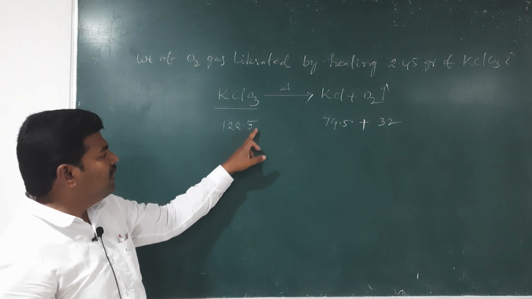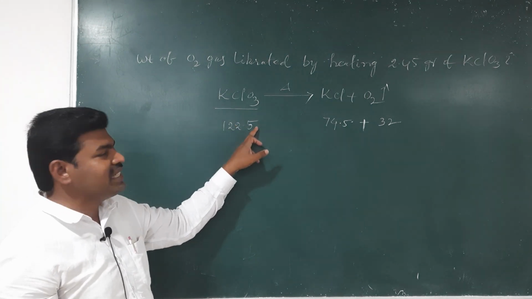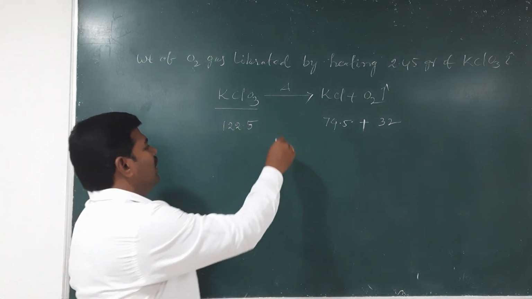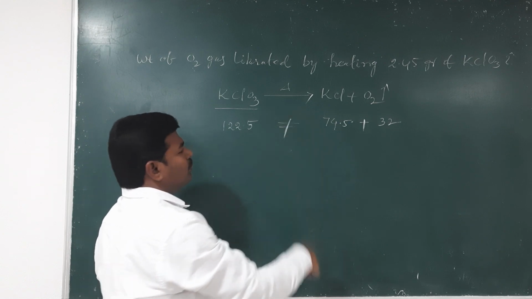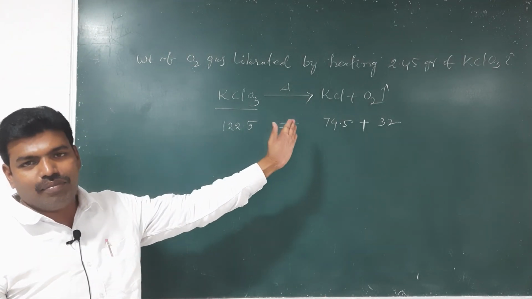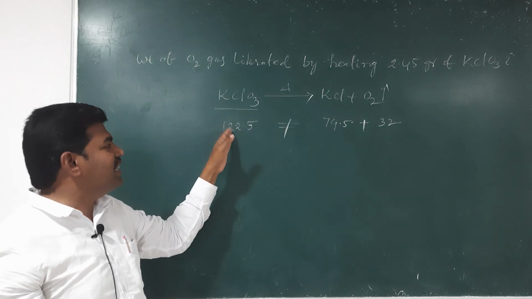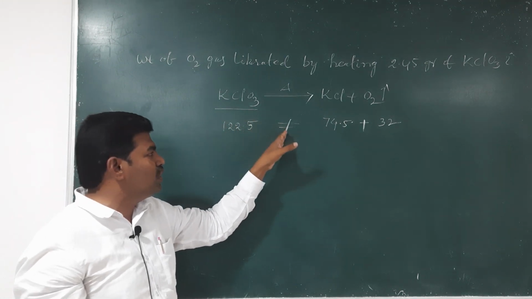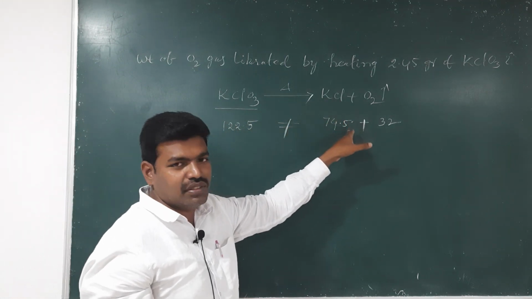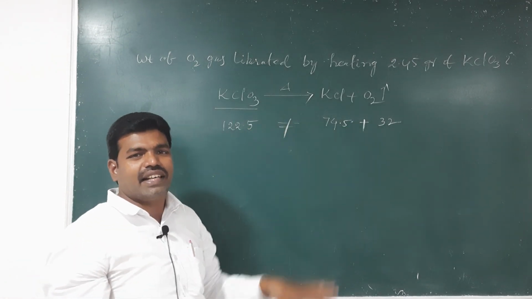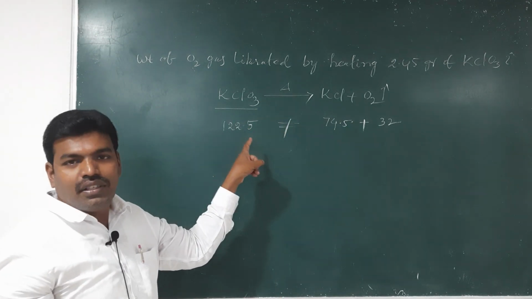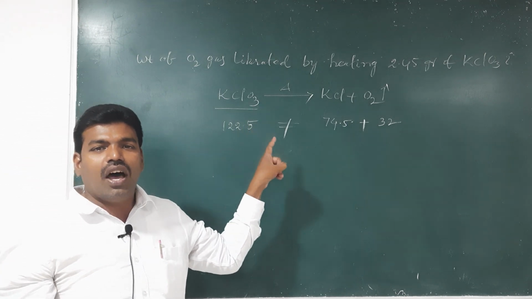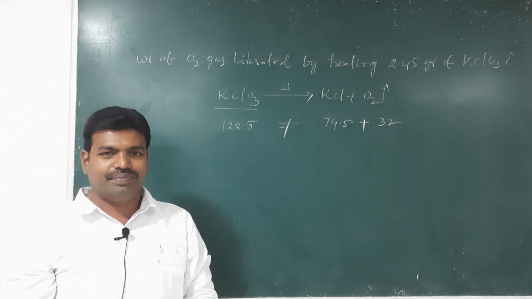Here the left hand side mass is not equal to the right hand side mass, that is, mass of the reactants does not equal mass of the products. Then we can simply say that the reaction did not follow the law of conservation of mass.